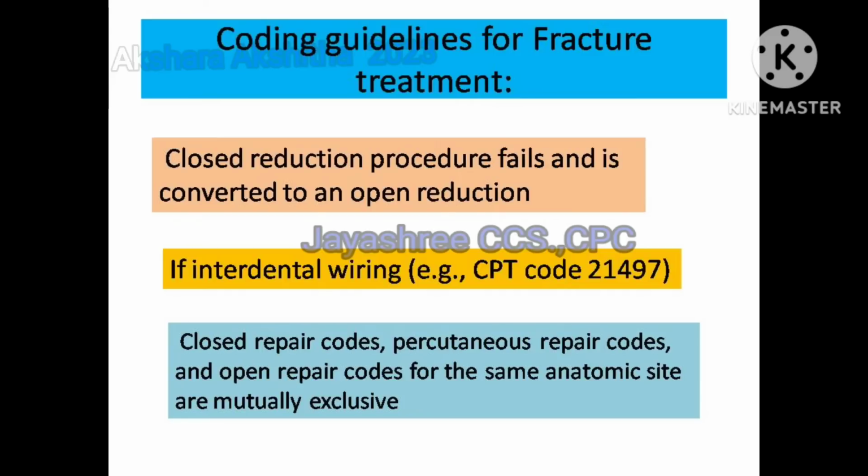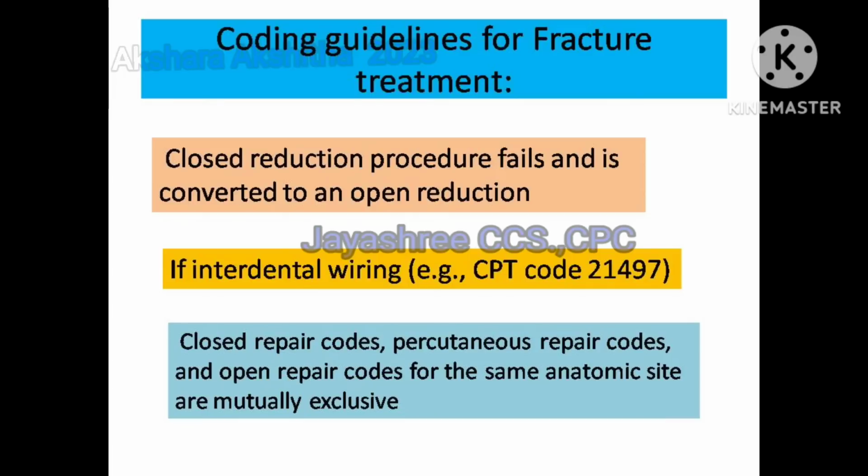For those procedures, if interdental wiring is done, we should not code the interdental wiring CPT code with the main procedure. If interdental wiring is performed unrelated to another facial or head procedure, then we can code the interdental wiring CPT code separately with the 59 modifier or XU modifier.